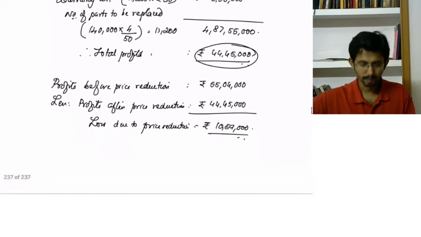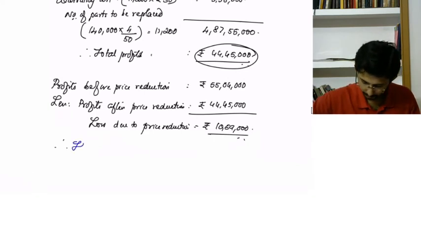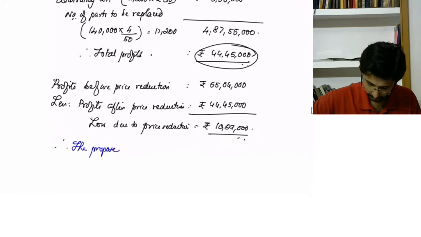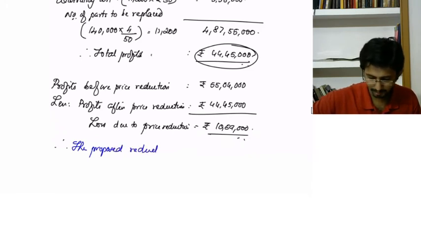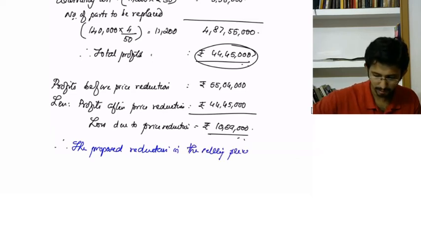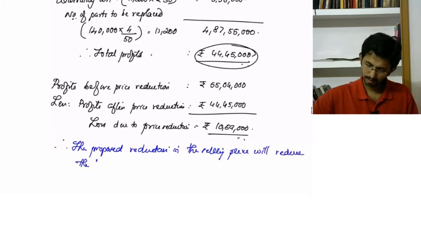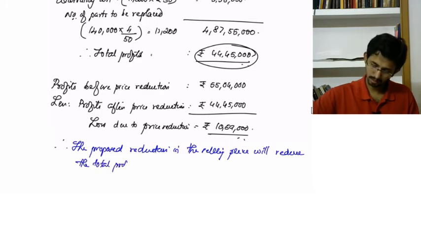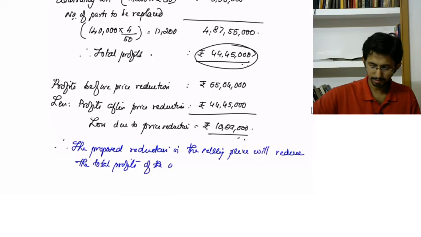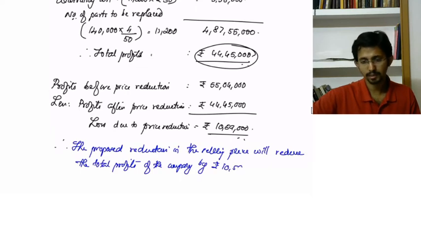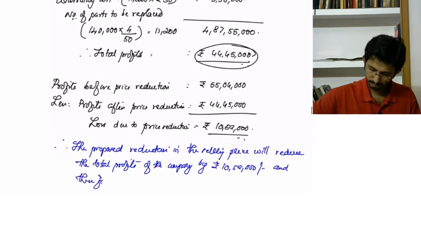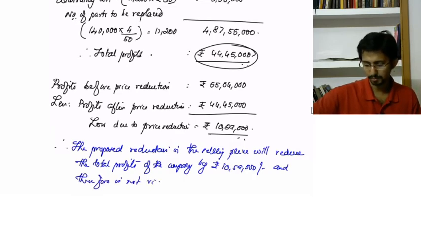59,000. Okay, so therefore you can conclude that the proposed reduction in the selling price will reduce the total profits of the company by rupees 10,59,000, and therefore is not viable.